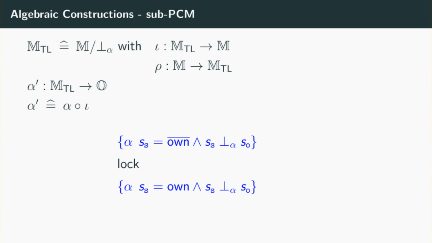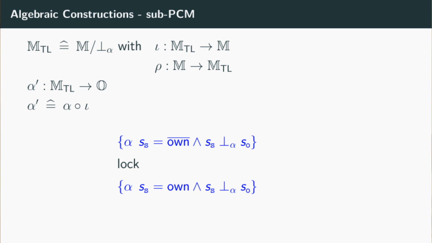It's essential for the sub-PCM construction that the condition by which we quotient out is a separating relation. Otherwise, join won't be commutative, associative, and admit a unit. But once we know that the condition is a separating relation, there is a generic construction of the sub-PCM. You can find details in the paper.